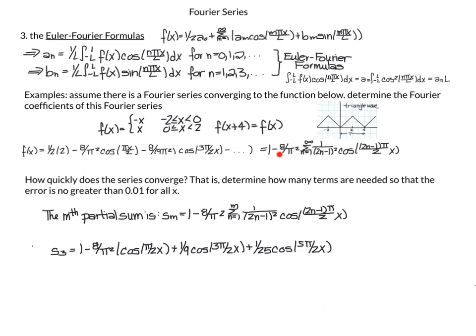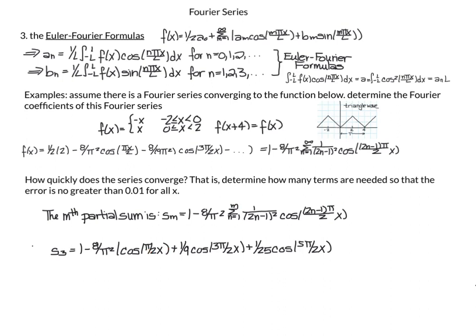Just to give you an example of what this looks like, the mth partial sum is s sub m, 1 minus our 8 over pi squared, and now instead of n equals 1 to infinity, we can go from n equals 1 to m. So if I wanted to calculate S3, I would have 1 minus 8 over pi squared times 1 squared times cosine of pi over 2 x.